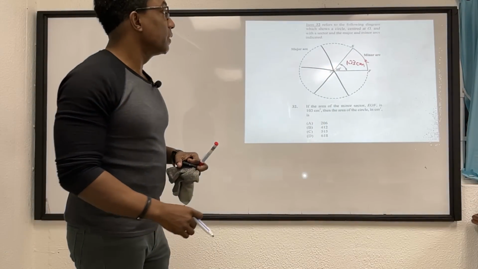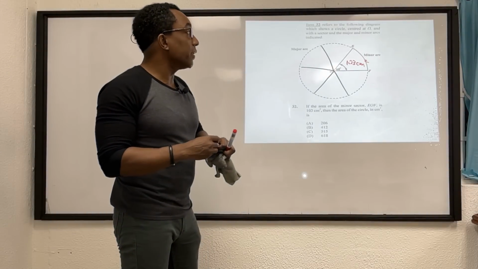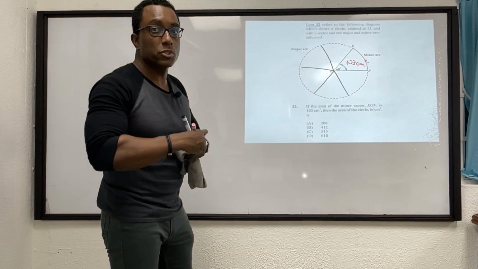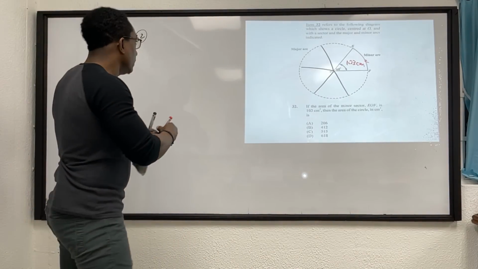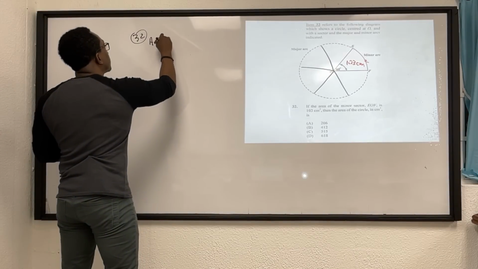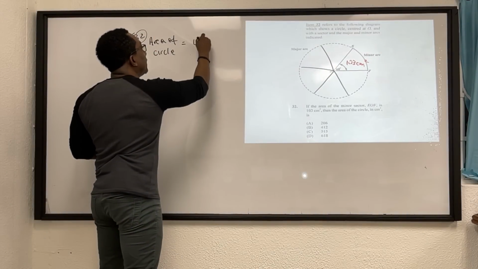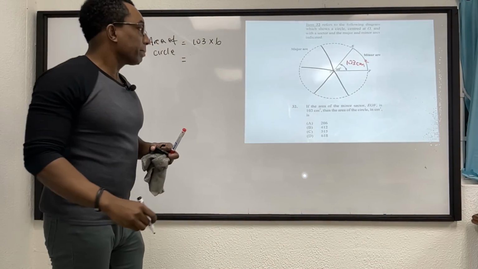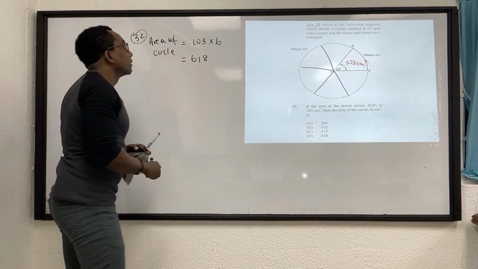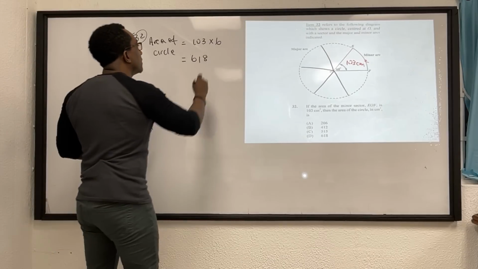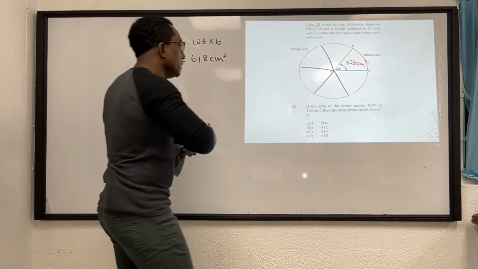Yes, so we have 6 sectors, each of 60 degrees, and each of an area of 103 cm squared. So therefore, to determine the area of the circle, we multiply 103 by 6. And 103 by 6 will give us 618 centimeters squared, whose answer for question 32 is D.